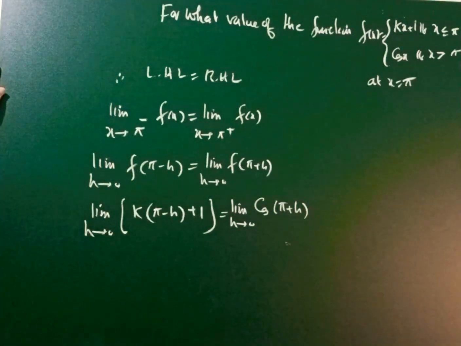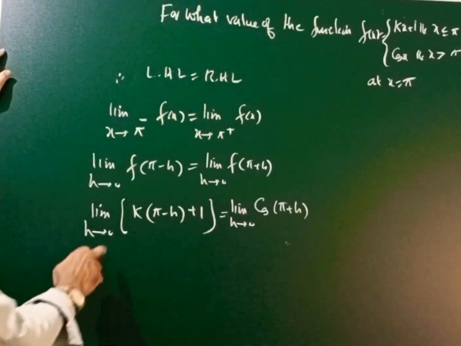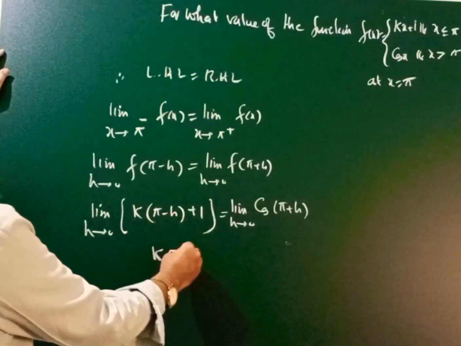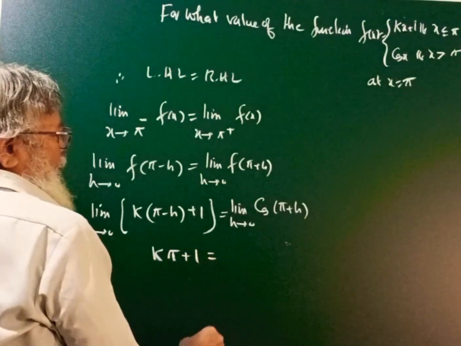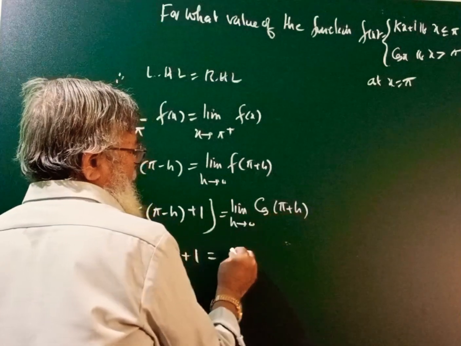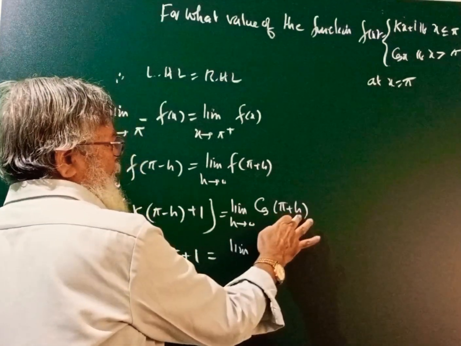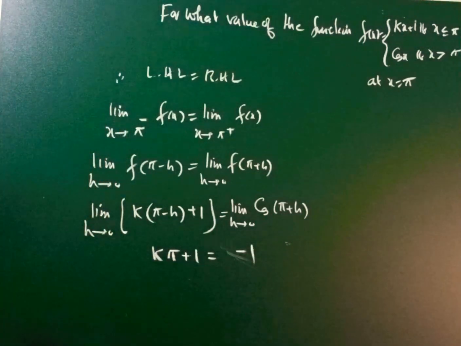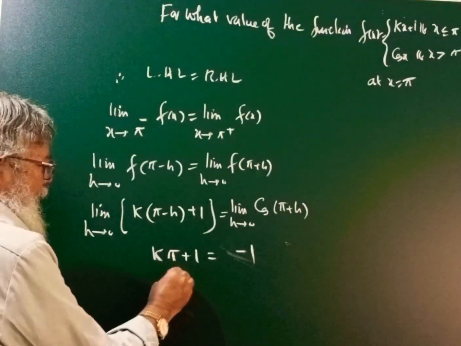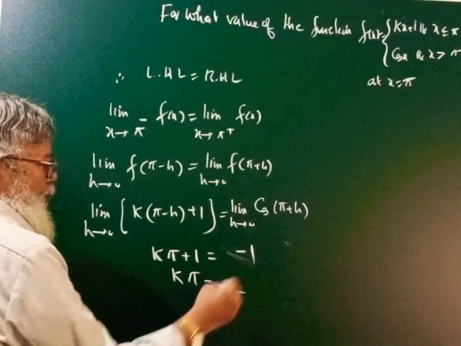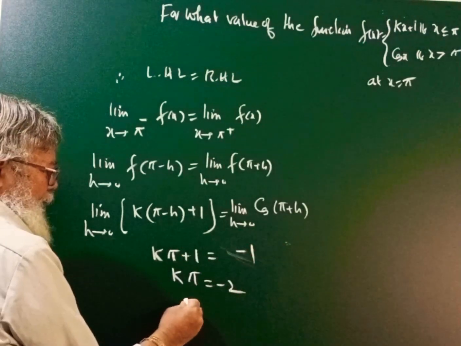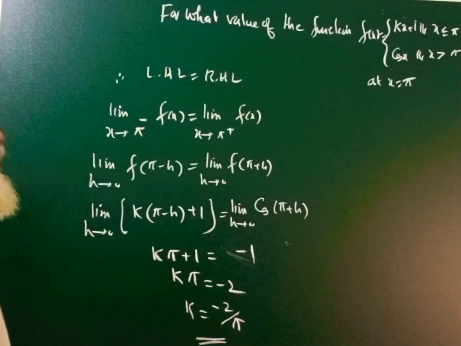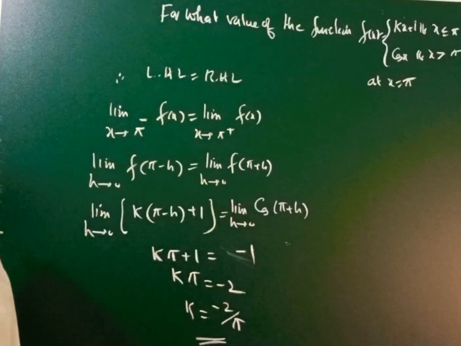Now look here, h tends to 0, k into pi we get, plus 1. Here we get cos pi, and the value of cos pi is minus 1. So k into pi is equal to minus 2, taking 1 to the other side. And therefore k is equal to minus 2 by pi is the value for which the given function will be continuous.